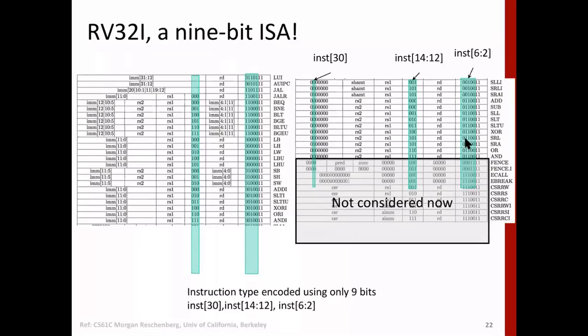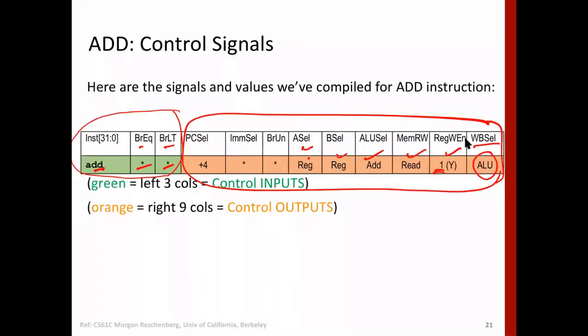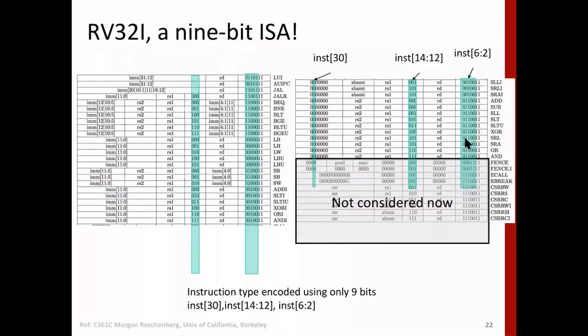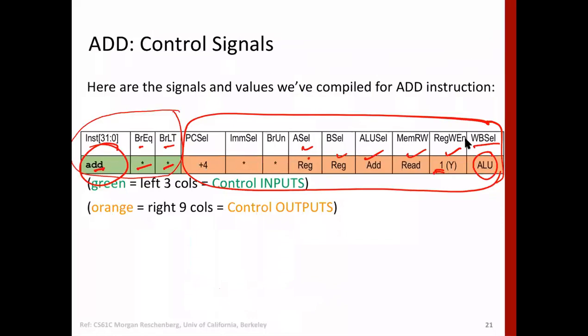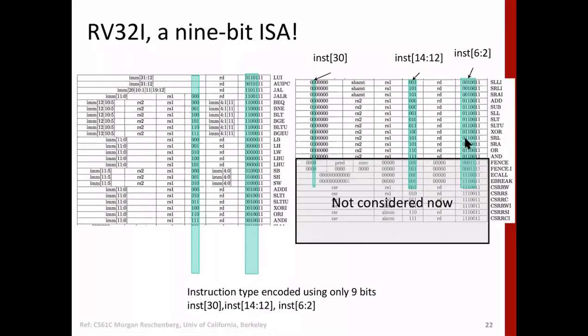Okay, and now out of this, for add, we know we can just manage with the bits shown here, which is 5 plus 3, 8, plus 1, 9 bits.